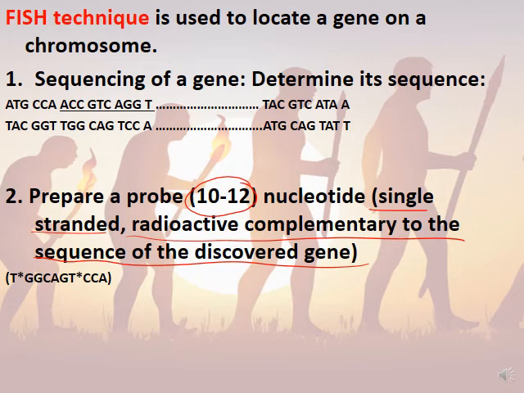So here, for ACC, the complement of A is T, C is G, C is G. Then G is C, T is A, C is G. Then A is T, G is C, G is C, and T is A. Here we have radioactivity marked by the star. So we sequence and make a single-stranded probe. This probe will bind because it's complementary to the sequence of the gene, as seen here.